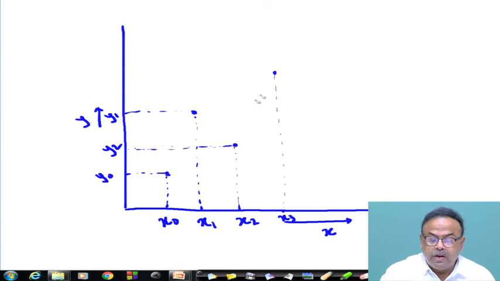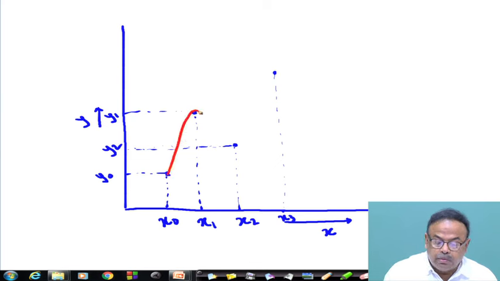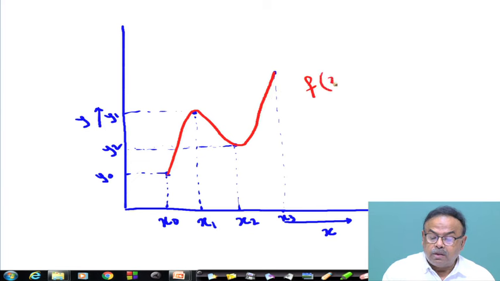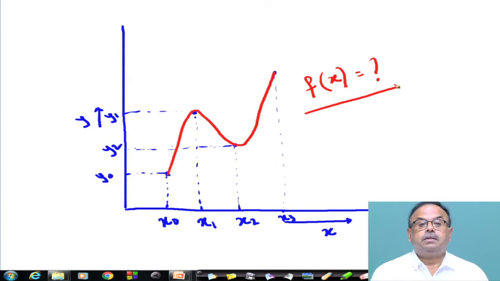So, it is not a straight line. If I want to fit a curve to meet that, how would that curve look like? The curve will be something like this, right, and I have to find out what function this curve is. I do not know as yet. That is another challenging point, all right.